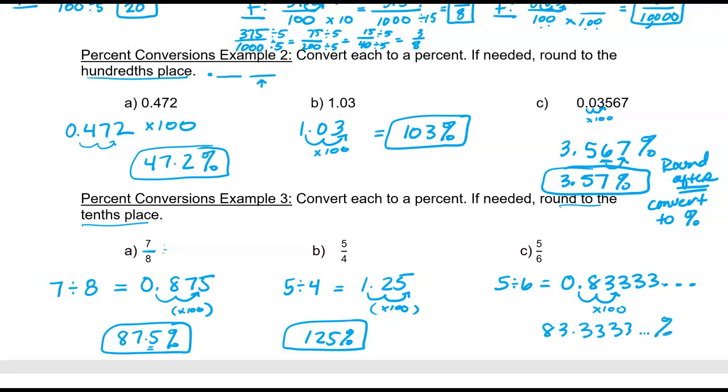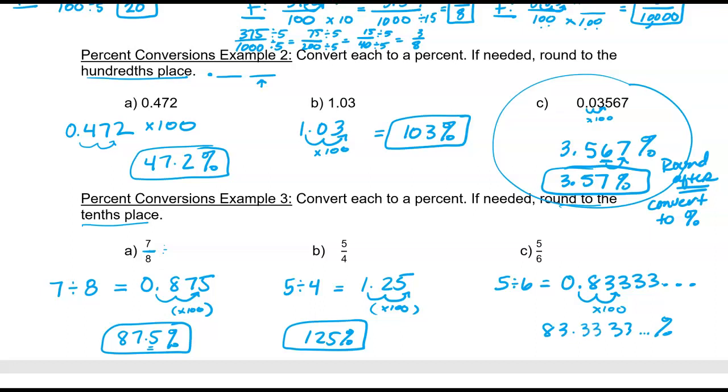We're asked to round to the nearest tenths place. So just like part C above, we're going to first convert to a percent, and then we're going to round. Now we're going to round to the nearest tenths place. So I look at the, whoops, that's not the tenths place, that's the hundredths place.